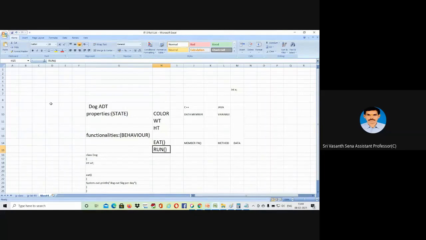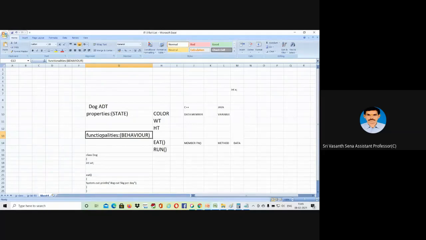So any object, not only dog, any object by default has some property. The property is said to be a state, property or state. By default it has some functionality or behavior, right? It will do some functionality, some works.